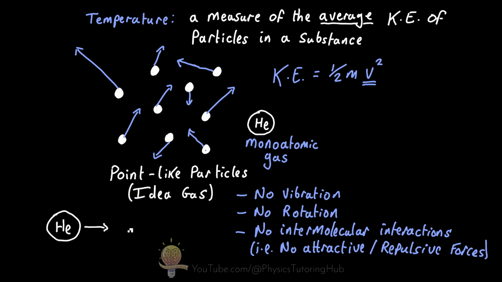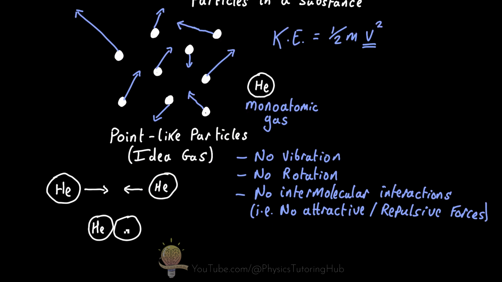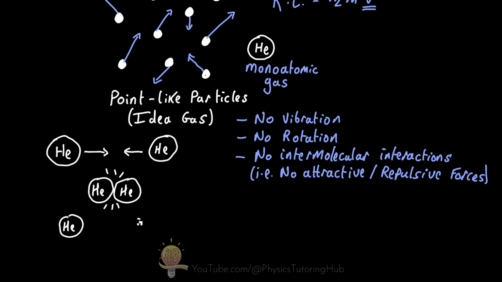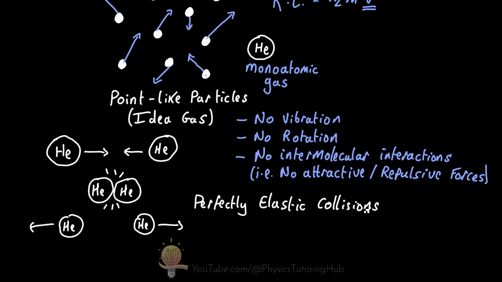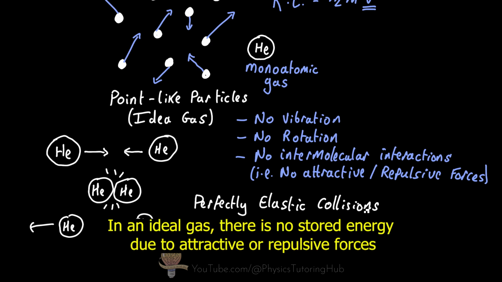And even though they don't have any attractive or repulsive forces between them, when they do collide, their collisions would be perfectly elastic. So due to this lack of intermolecular interactions for this ideal gas, we can say that there's no potential energy in this gas. And it will become clear what this means in a minute.